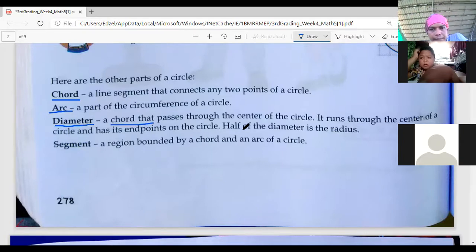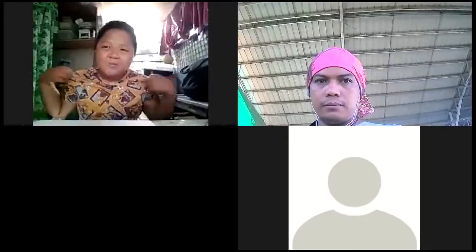To illustrate the diameter, it is this. This is a chord, point F, then point E. This is the diameter, because it passes through the middle, through the center.